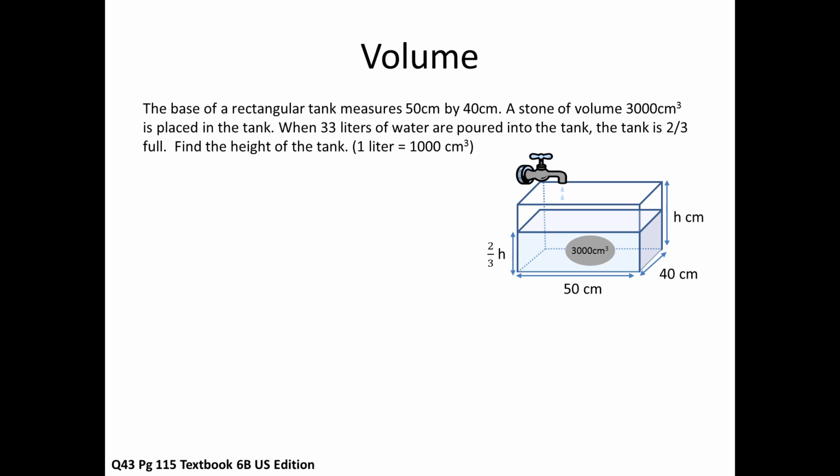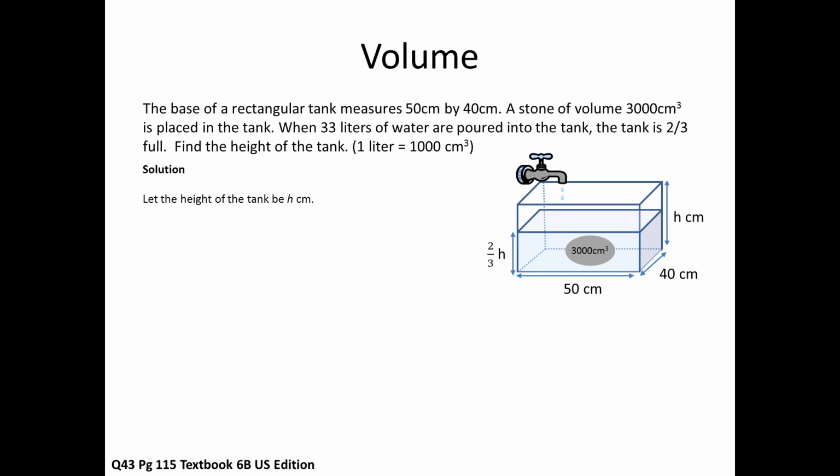The height of the water comes up to two-thirds of the total height of the tank. So you see here the height is 2 over 3 times h, two-thirds the height of the tank.